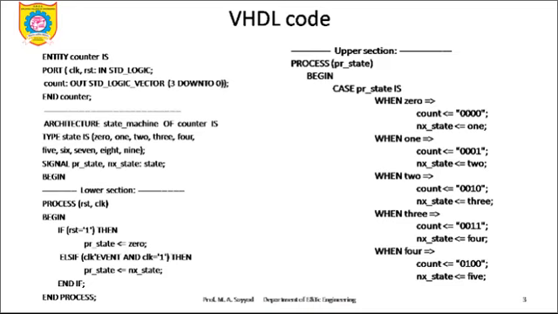The first declaration is of a type. The name of the type is state, and the values the state can take are 0, 1, 2, 3, 4, 5, 6, 7, 8 and 9.